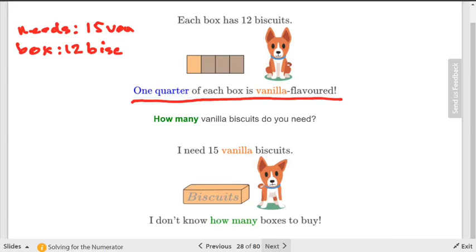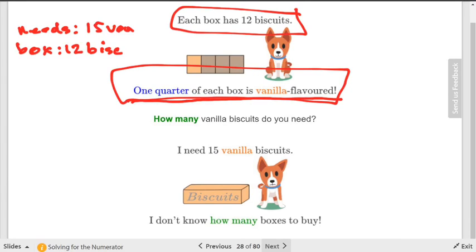Okay, all right. So he doesn't know how many boxes to buy, but here's our key right here, right? 1/4 of each box, and how many biscuits in a box? 12 is, yeah, that's just a straightforward problem, isn't it?